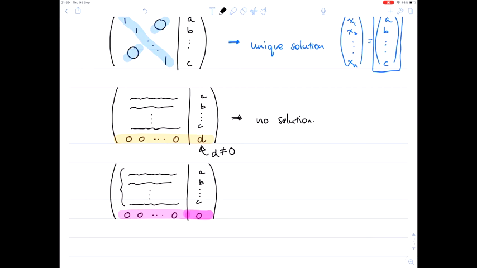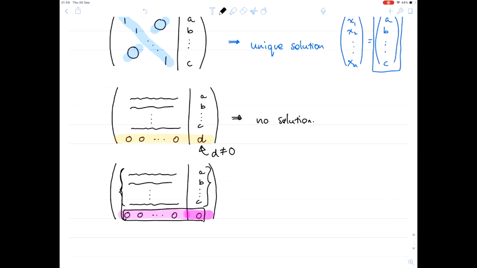So it might be, if you had more equations than you have unknowns, then this row of zeros wouldn't mean that you have infinitely many solutions, because you might have, without the row of zeros, the same number of rows and solutions, in which case you might have a unique solution.